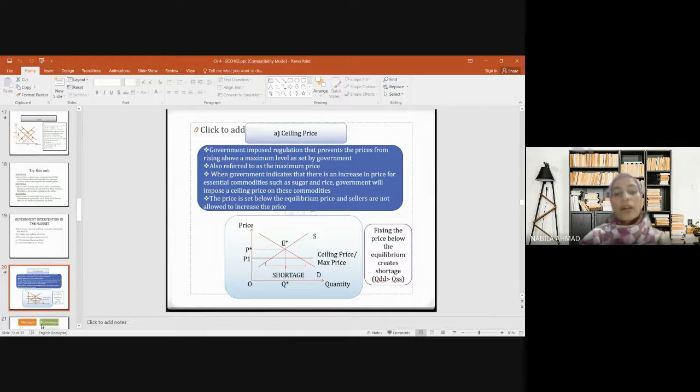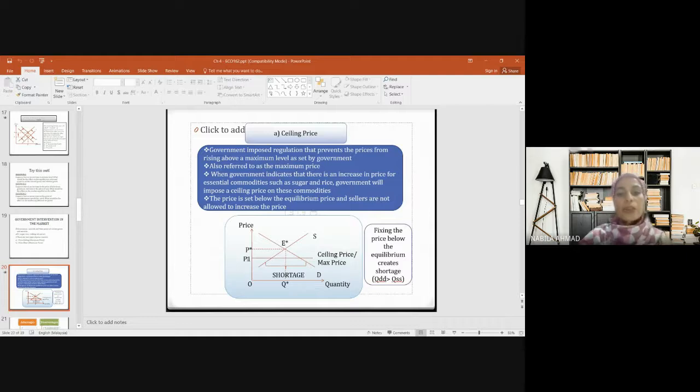So government tetapkan satu harga supaya consumer mampu membeli barang tersebut. Okay, alright. So dalam market equilibrium, harga ini terletak di bawah, below the equilibrium price. Okay, as you can see here lah. So this is the equilibrium price. Tetapi bila government indicate that this price is actually quite expensive to the consumer, so government akan impose price ceiling and dia akan letakkan harga di bawah harga equilibrium. Okay, jadi nak tak nak producer kena jual pada harga P1.